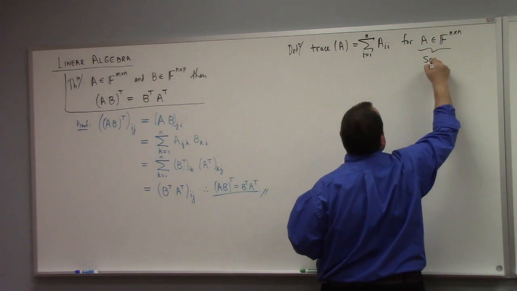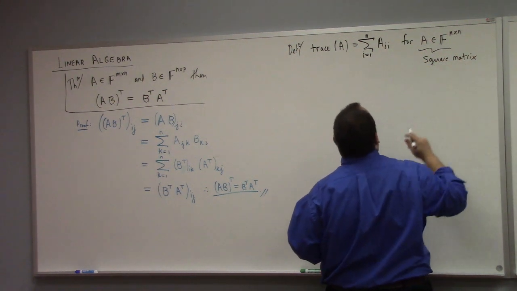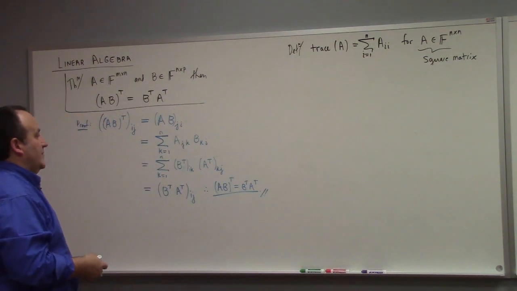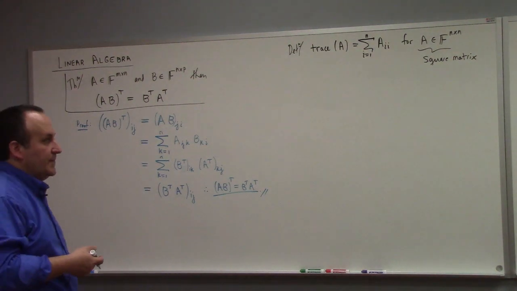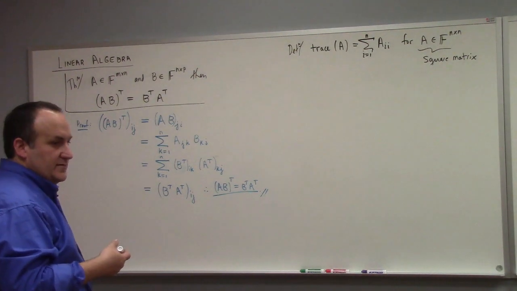So that's to say it's a square matrix. So trace is a very important operation in linear algebra. It's something we can calculate for a matrix that reveals something about the matrix. You might remember the trace is the sum of the eigenvalues, for example. And the trace of similar matrices is equal, right?